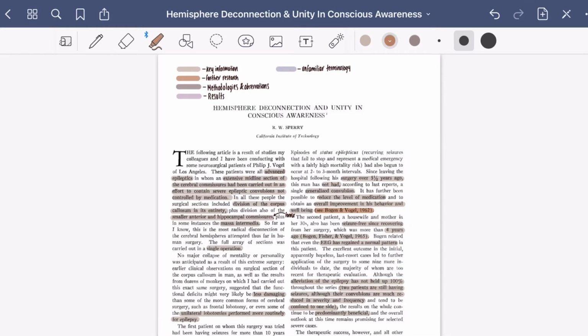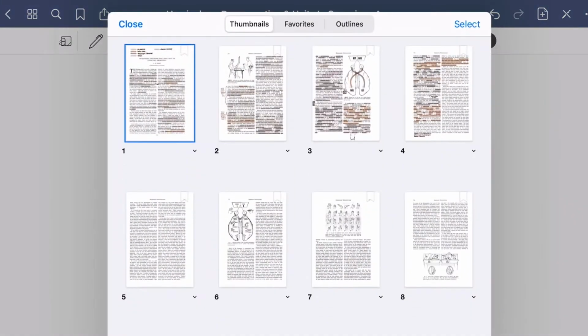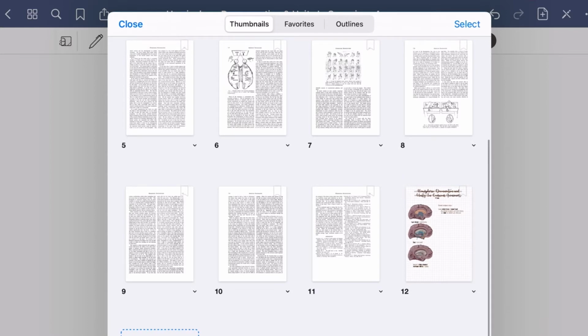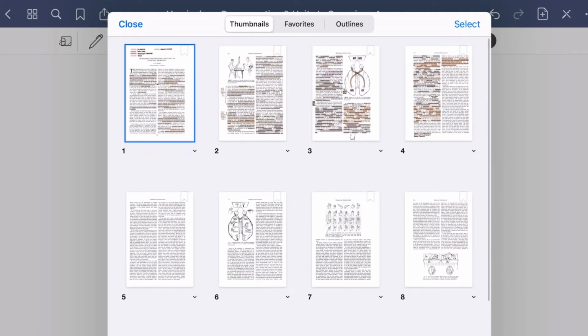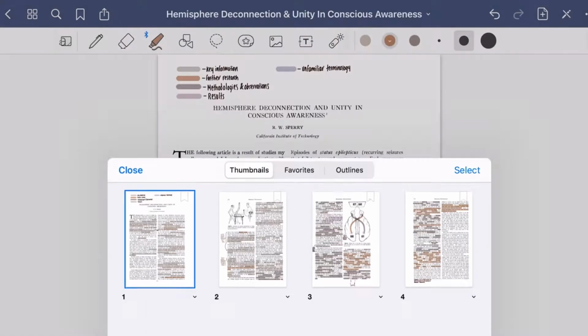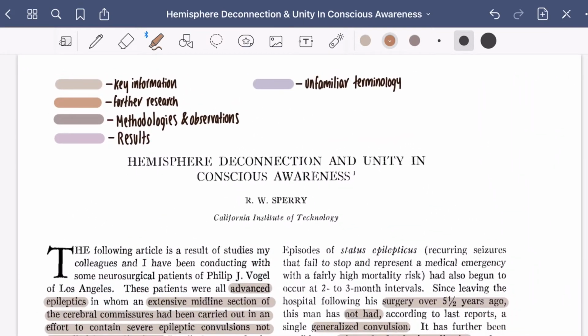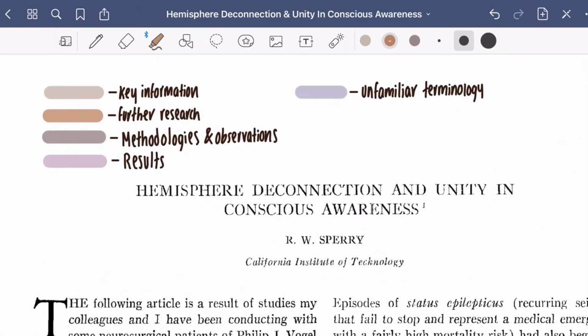Here is the document. As you can see, it is 11 pages long, and you can see I've started to make some notes at the end, but we'll get into that a little bit later. Let's go back and start with page 1. As you can see at the top of the paper, I have got a little key which will help me distinguish what each of my highlighter colours mean throughout this document.